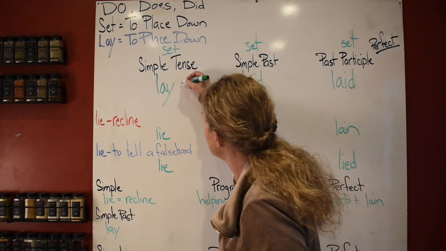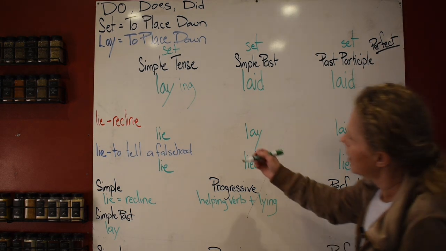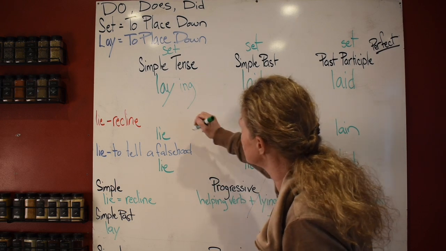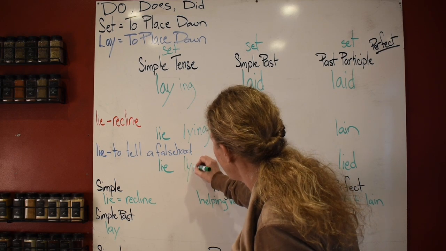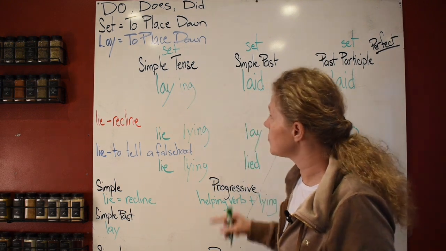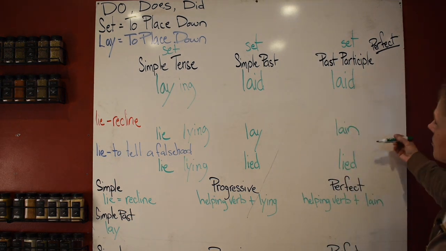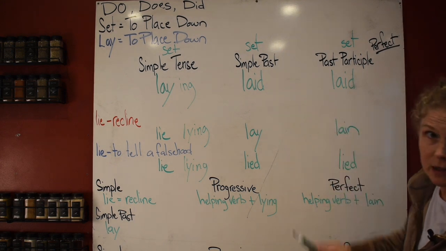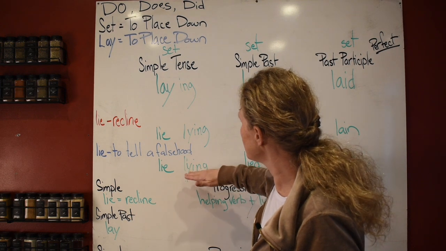You can put the ing right here, and say lain, and your INGs have to come off of your simple tense. And this says lying, right? They're spelled the same way. But your INGs have to come off of the simple tense. They have nothing to do with this. Your INGs cannot come off of the simple past at all. You have to know what the simple tense is of the word.